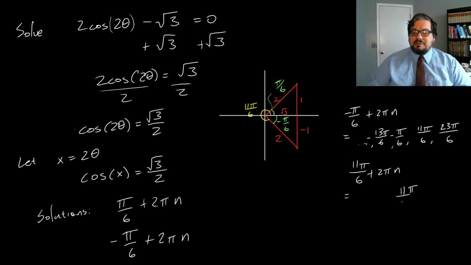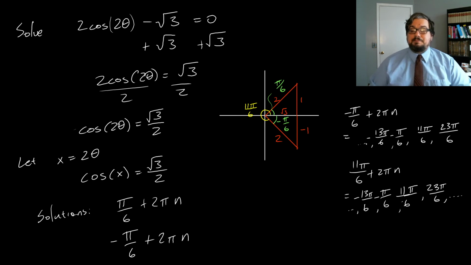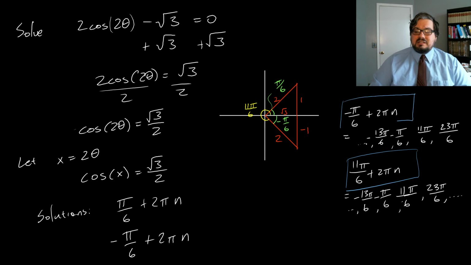If we look at 11 pi over 6 and add 2 pi a bunch, that'll give us 23 pi over 6, and so forth. Subtracting 2 pi will give us negative pi over 6. Subtracting 2 pi again gives us negative 13 pi over 6, and so forth. So notice that, in fact, these two expressions, when you let n be any integer, give us the same collection of solutions, and so we can use either one that we want.